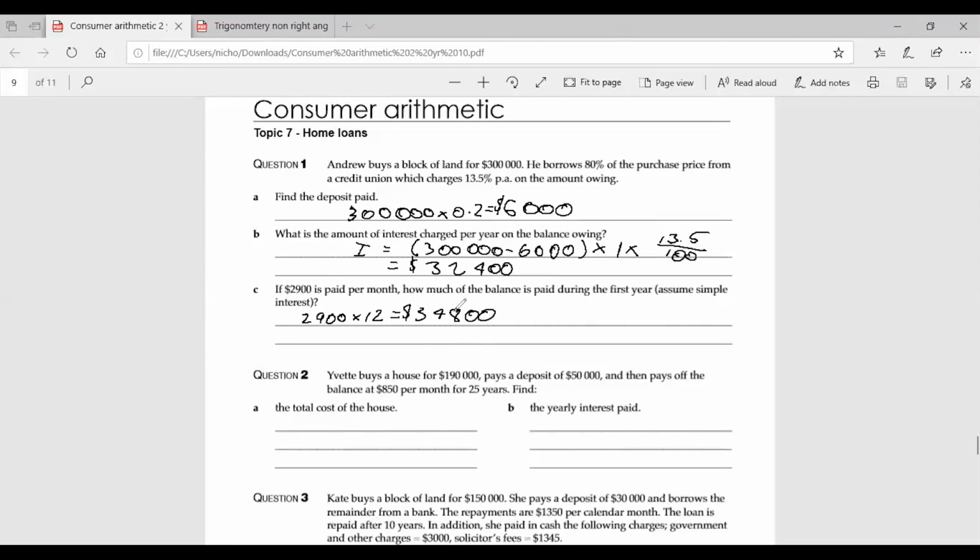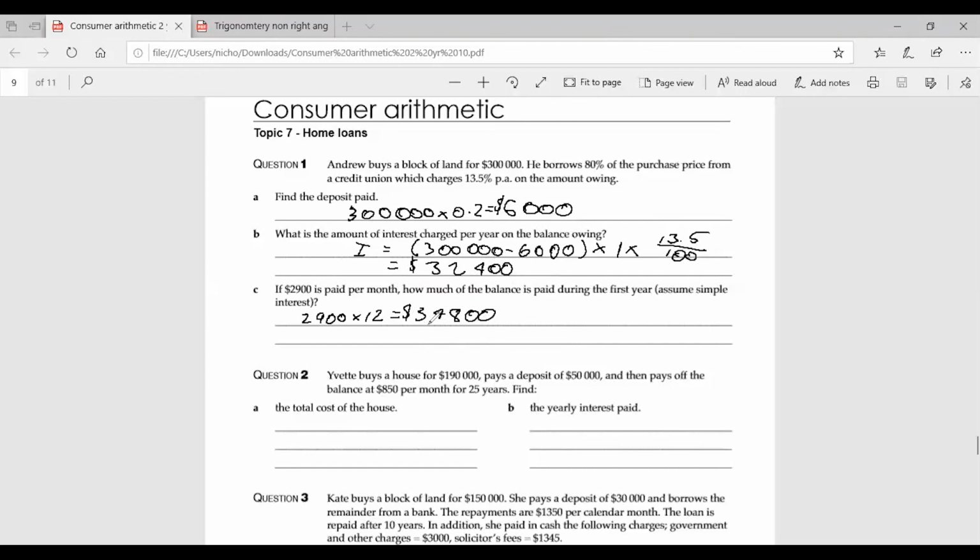Yeah, so he's paying 32,400 in interest, right? So he has an initial deposit, and he pays 6,000 off straight away. And then every year he's going to be charged interest on the amount he's got owing, and the amount of interest is 32,400. But in a year he can only pay 34,800.